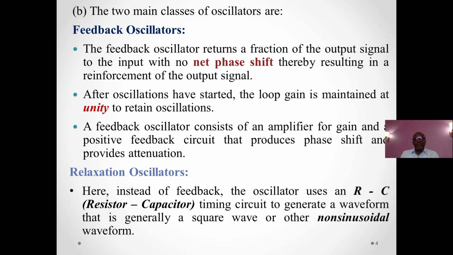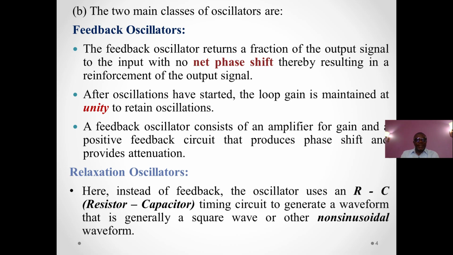So it is important for you to note that for the feedback oscillators, the net phase must be equal to 0, so there will be no net phase shift, and the oscillation has to be maintained at unity. That is, the loop gain has to be 1 for oscillation to be sustained or retained.